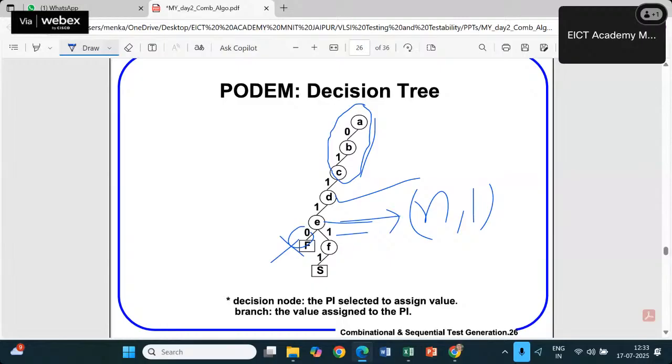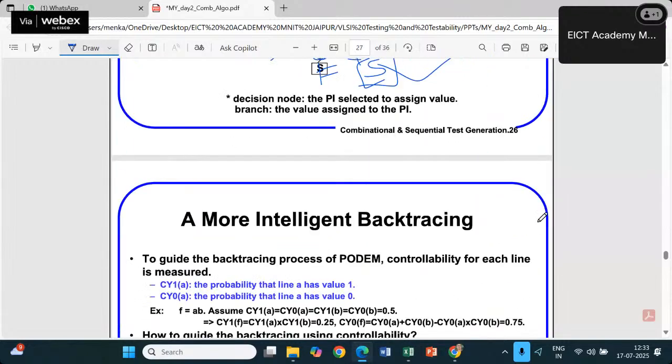You change your decision, and that is going to give you some value of f. You are again setting the value for f. If you set f to 0, then definitely you will get a fail. If you make it 1, then you will get a good result. So that is the PI selected to assign values in this manner. I hope you got it.